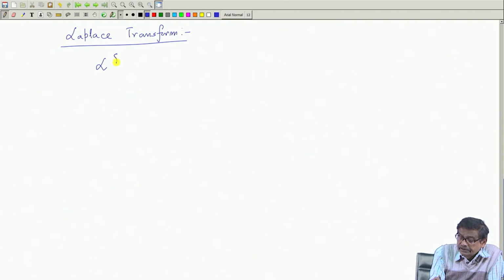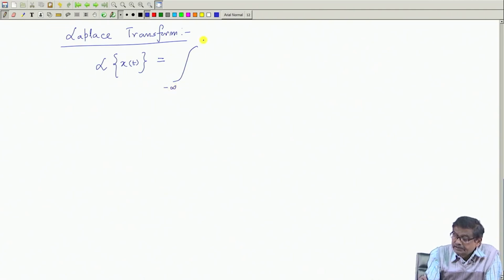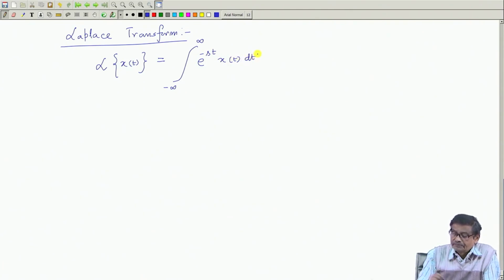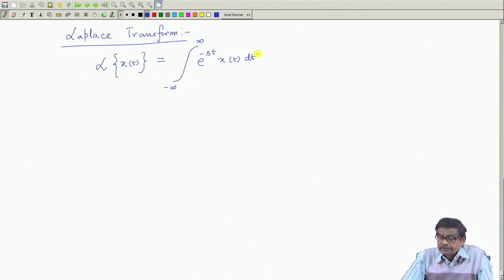Now, if you have a time varying function x(t), the Laplace transform of x(t) is defined as the integral from minus infinity of e to the power minus st into x(t) into dt. That is all. And this is called double sided Laplace transform.